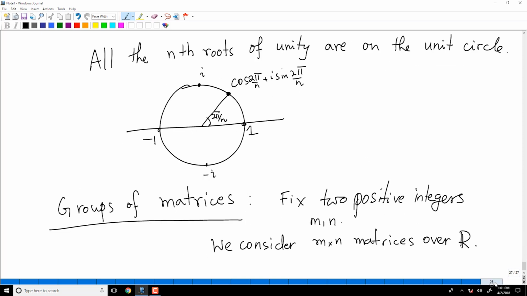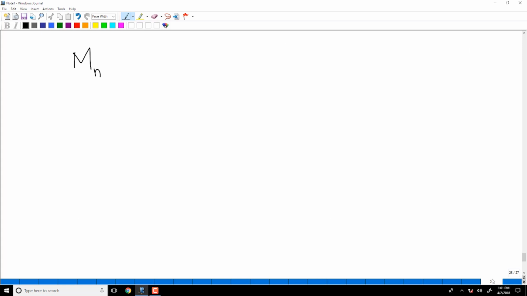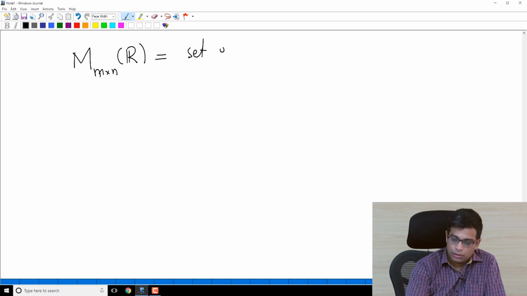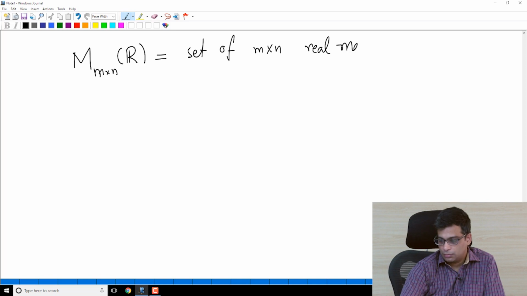The notation is m by n R, the set of all m by n real matrices. So, for example, this is m rows and n columns.